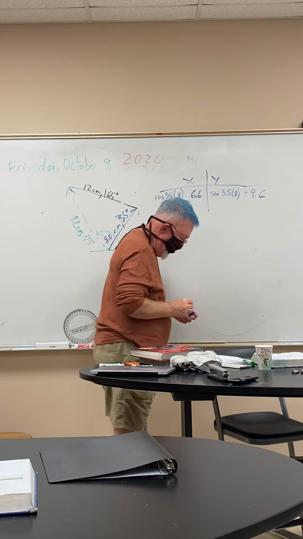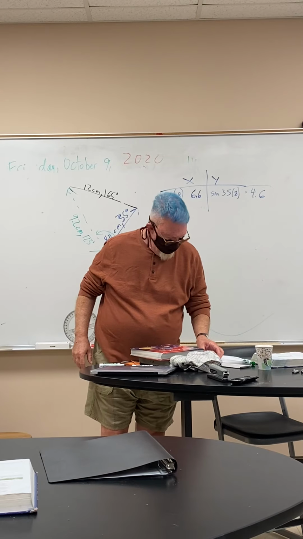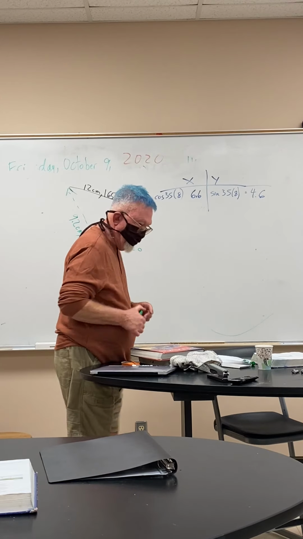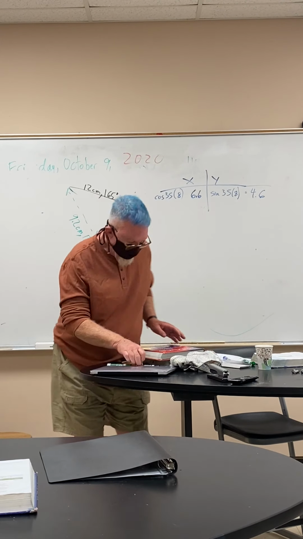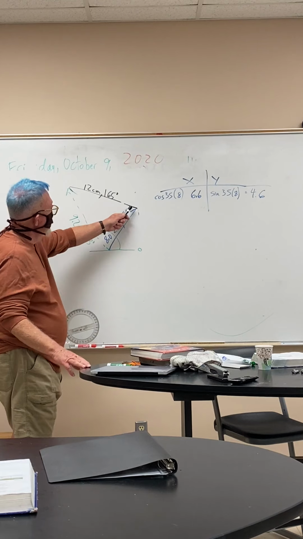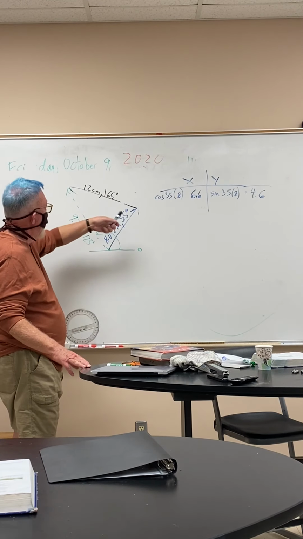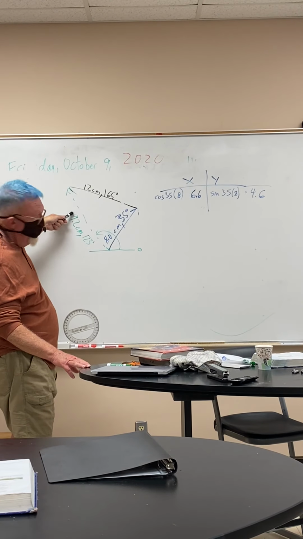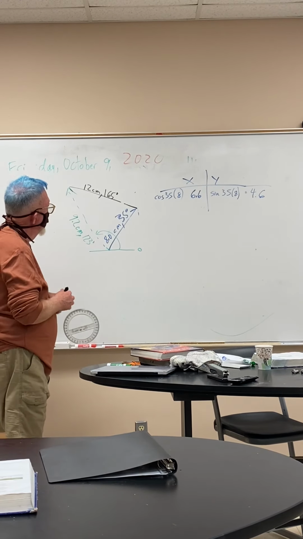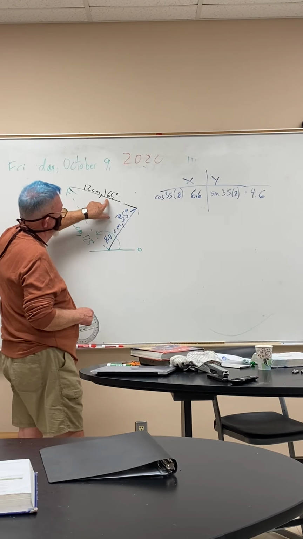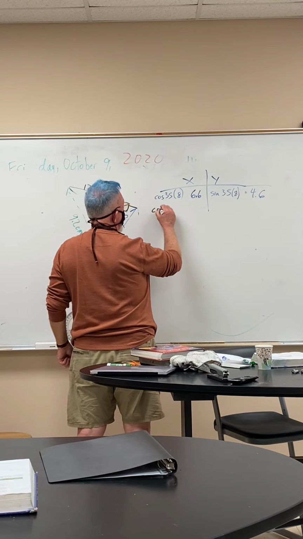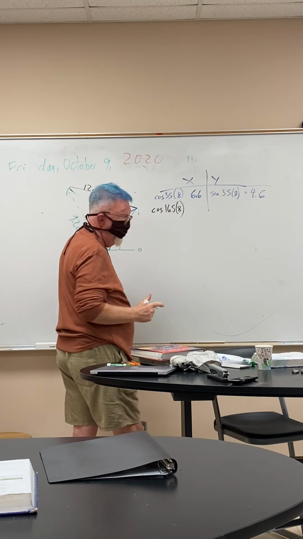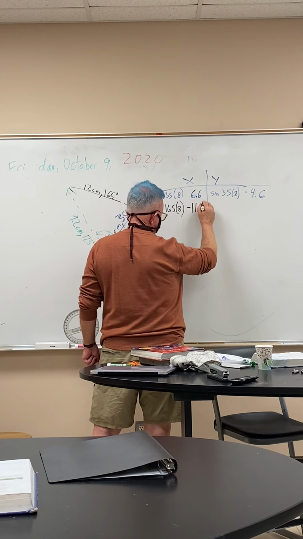Now, the easy way to always solve this: to find this angle here, the x, which you can see will be negative, and the y, which will be positive, you use cosine of 165 times 12, which gives you negative 11.6.